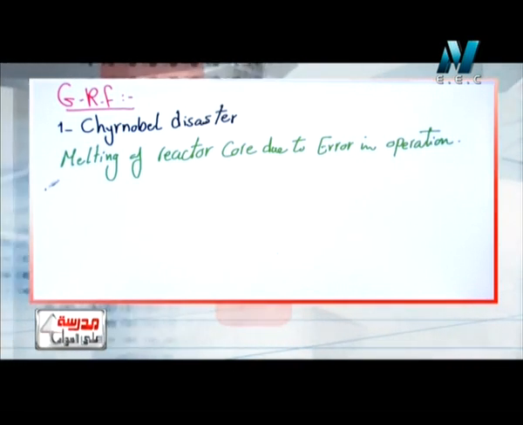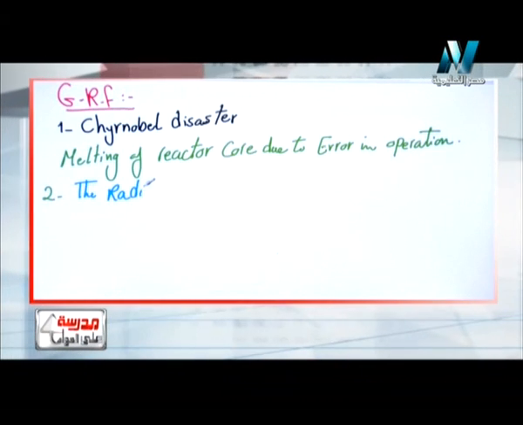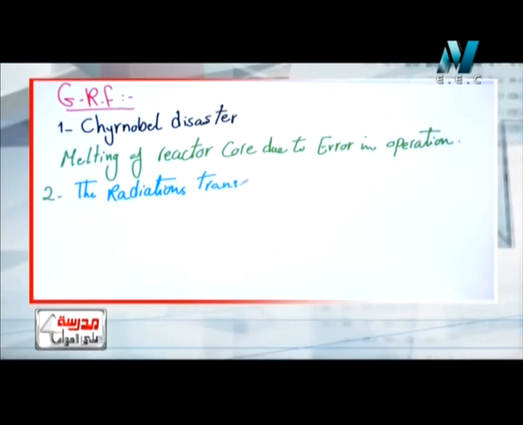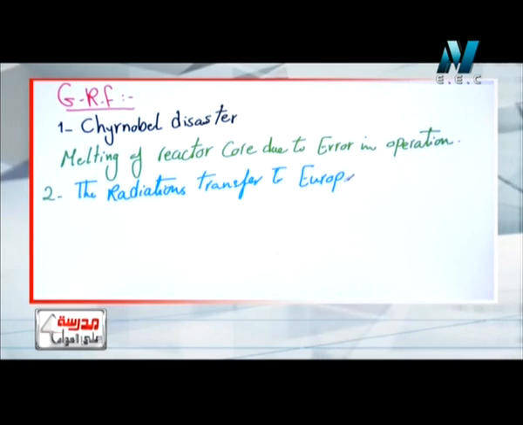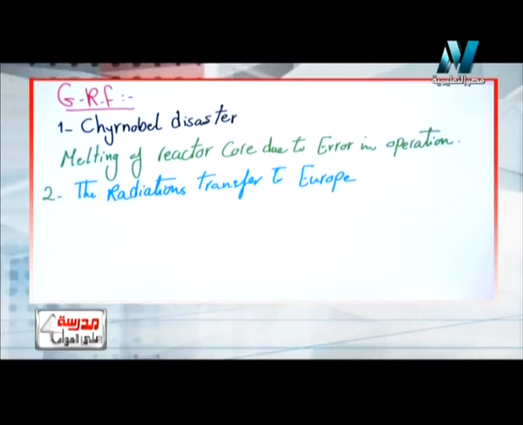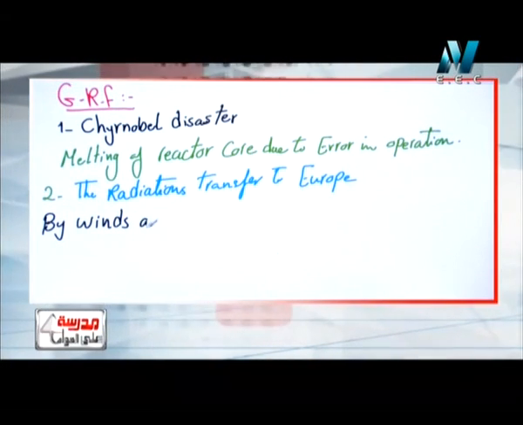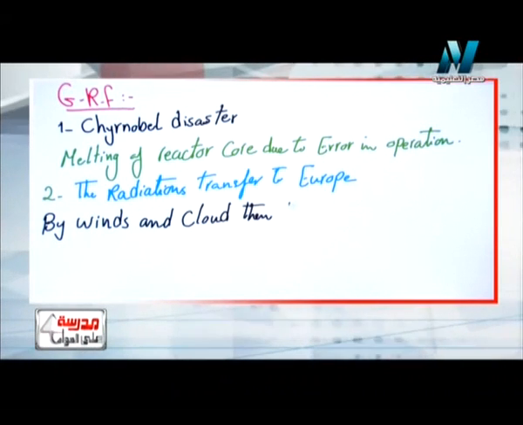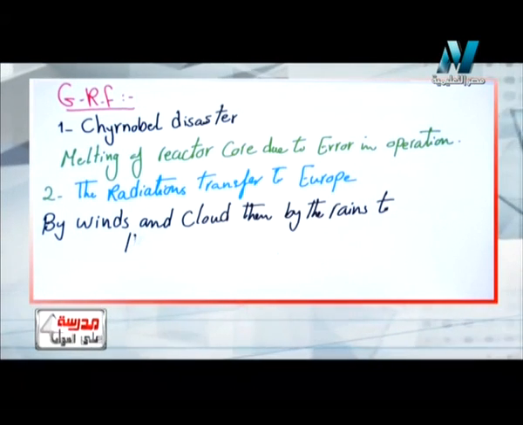طيب next question here is what? The radiation, our radiations transfer to Europe. يعني راحت أوروبا من Ukraine to Europe. راحت سافرت ازاي؟ أقول له by winds and clouds, then by the rains بالمطرة to the soil.